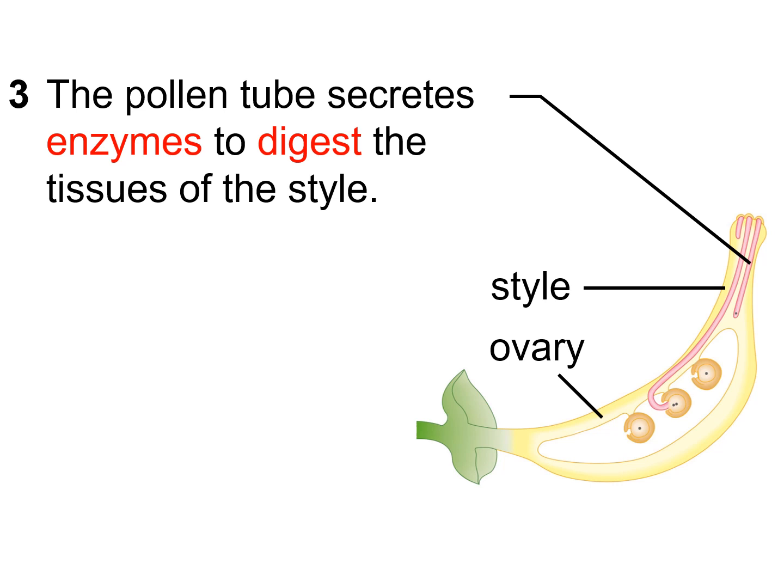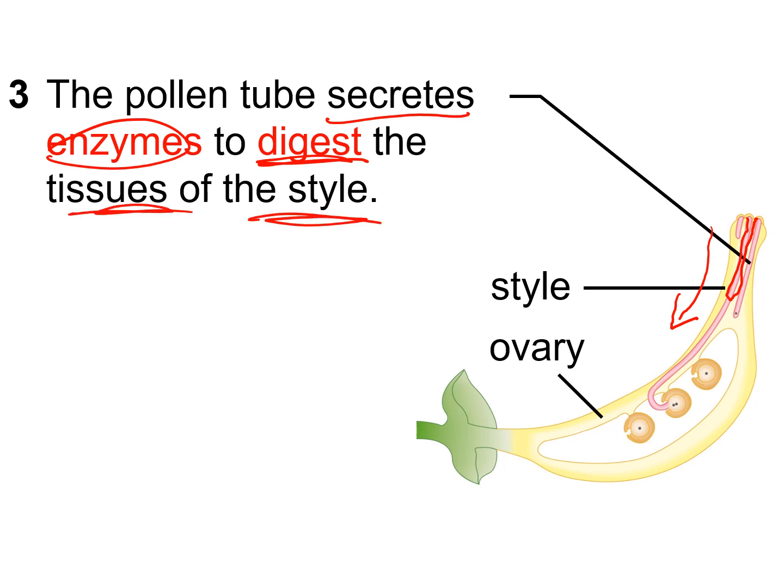The pollen tube in here is going to move down the style tissue by secreting some enzymes to digest the tissue of the style to make a tunnel going all the way down to where? Down to the part called the ovule.